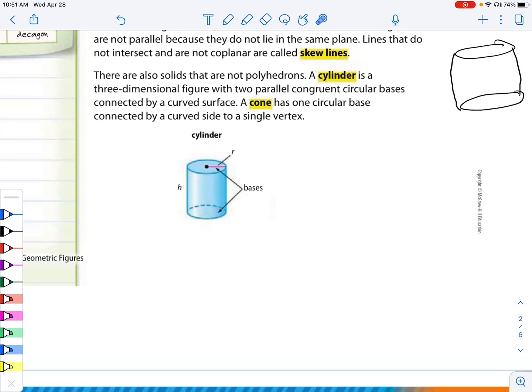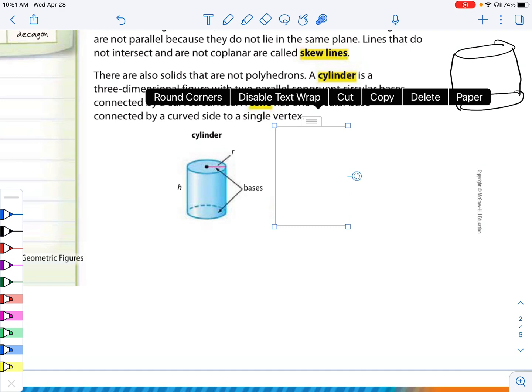Think of a Pringles container, for example. That is a cylinder, because if you cut the side of your Pringles can, you will notice that it is a curved surface.